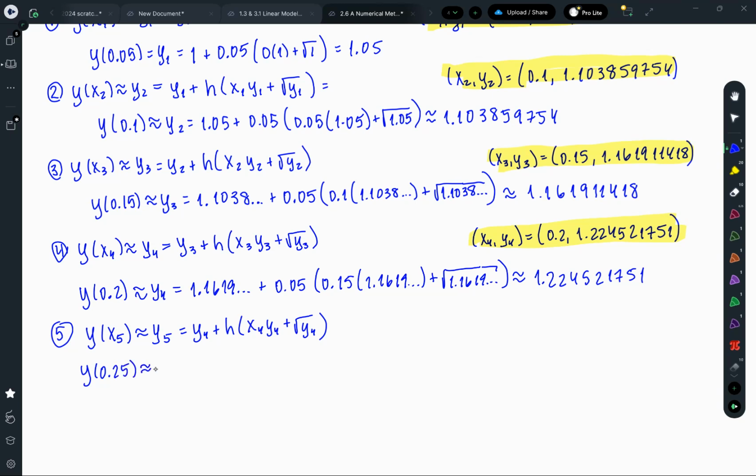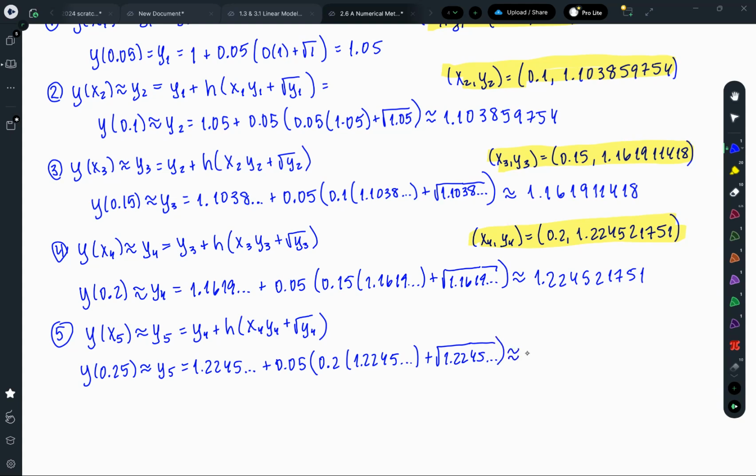That's going to be approximately our y5, which is equal to, using the values we just calculated, y4 and x4. y4 is 1.2245 plus h, which is 0.05, times x4 is 0.2, y4 is 1.2245, plus the square root of that 1.2245.